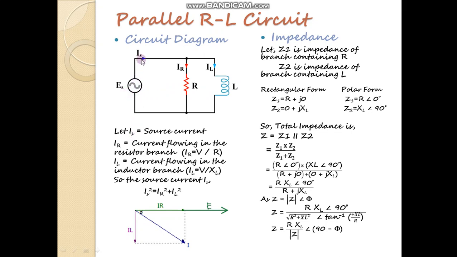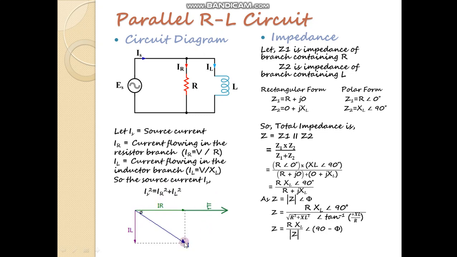Here IS is the source current, IR is the current flowing through the branch containing the resistor, and this IR is given by Ohm's law as V by R. IL is the current flowing in the inductor branch, and IL is given by V by XL. So the source current IS, which gets divided into these two branches, will be the phasor addition of IR and IL, that is under root IR square plus IL square.